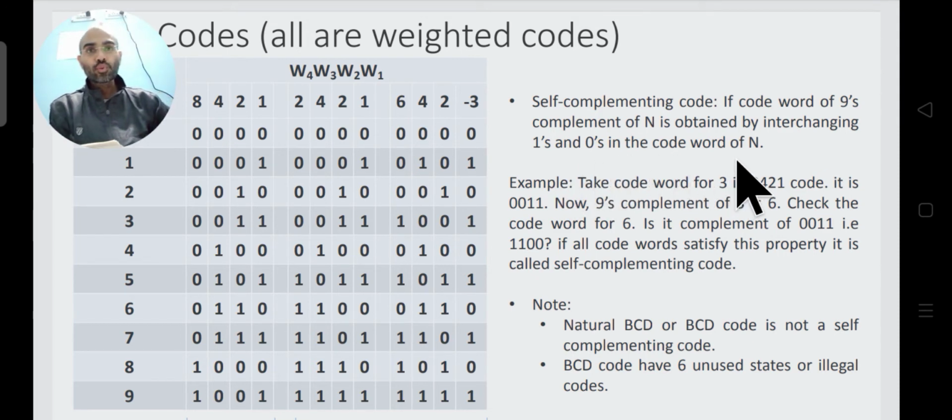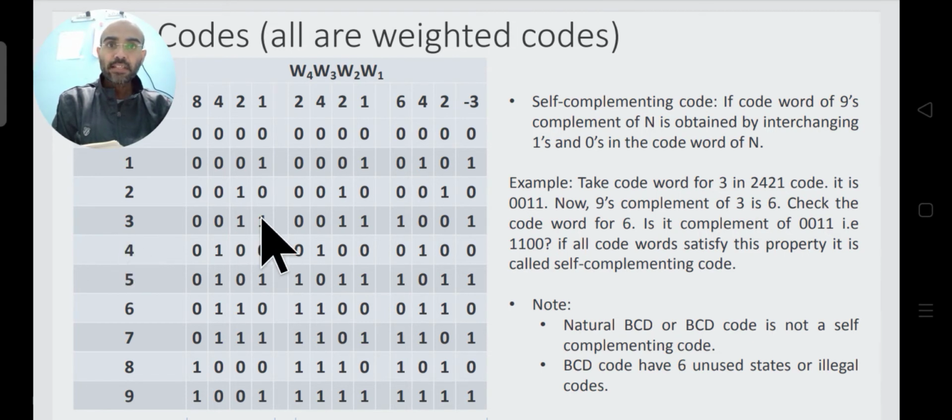Okay, so the code word of 3 is 0011. This code will be called self-complementing if the 9's complement of this number can be obtained by taking the complement of this, interchanging the ones by zeros and zeros by ones.